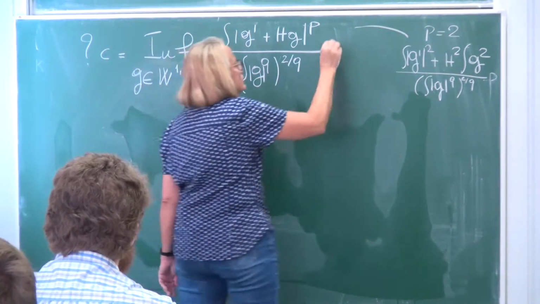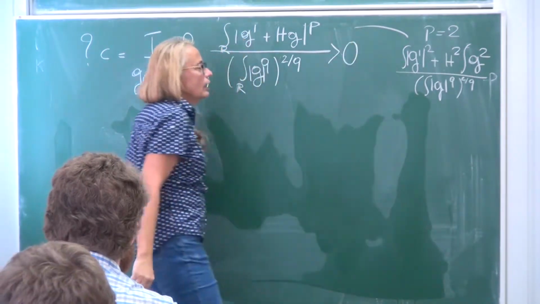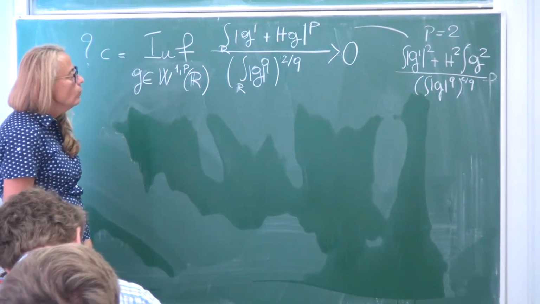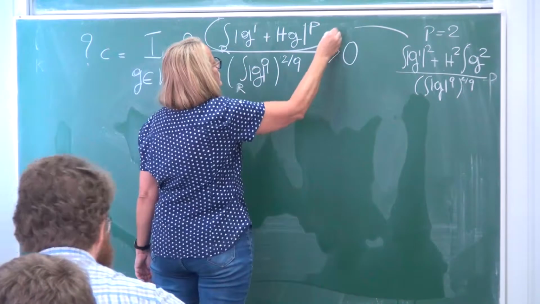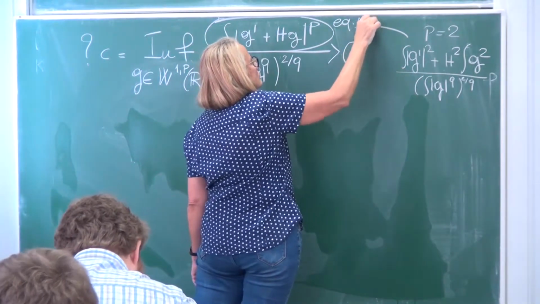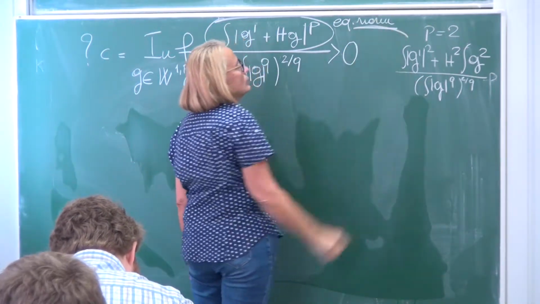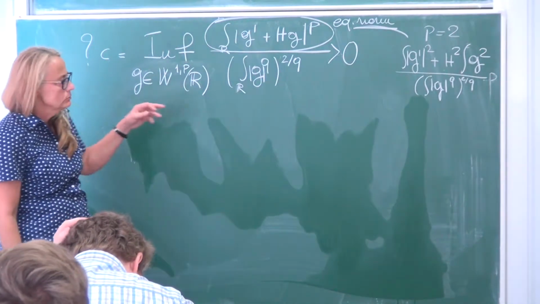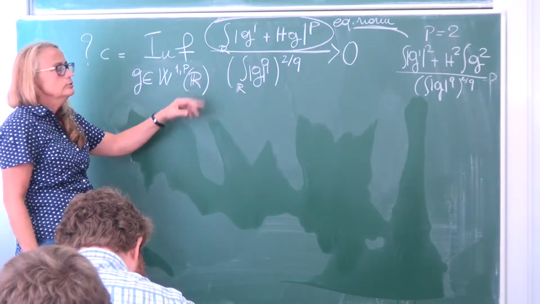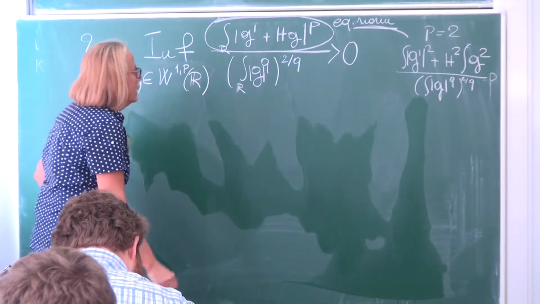And I proved that this is positive also in a more general case. Why? Because this in the numerator is an equivalent norm. It is equivalent in any case, also when p is not 2, to the standard norm in W^{1,p} of R. Why?